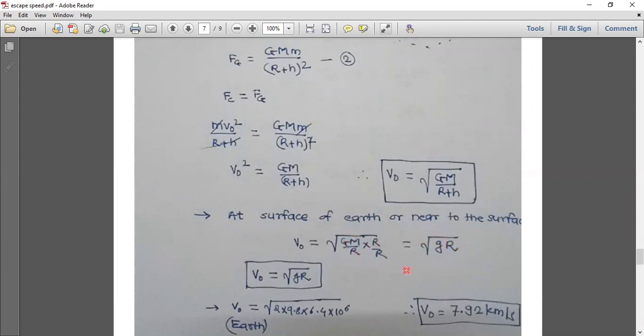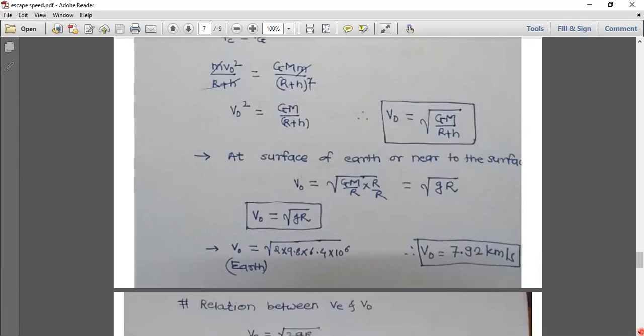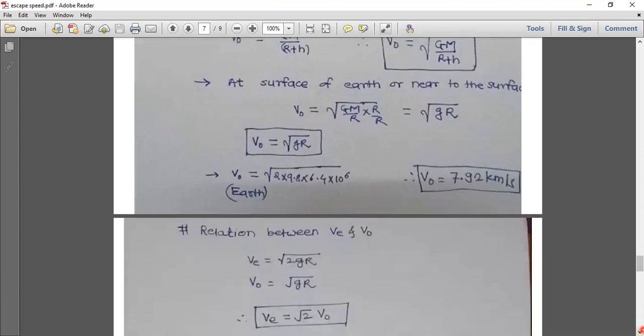That's why root gr is nothing but what? Orbital speed. This is in terms of gravity and radius. Clear? Okay. We use the first formula when the satellite is at height, and this formula when it is very near to the earth's surface. Clear? Okay.